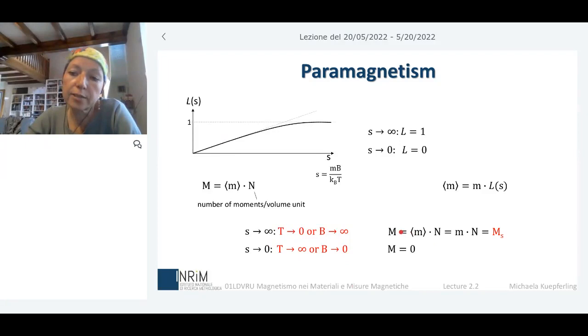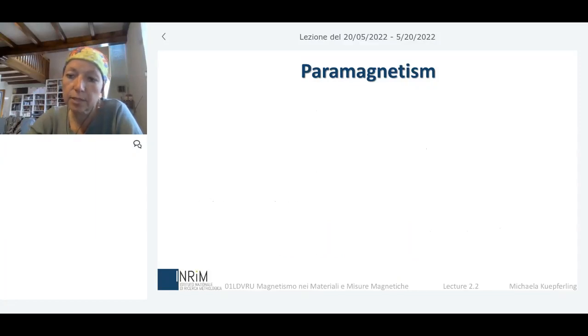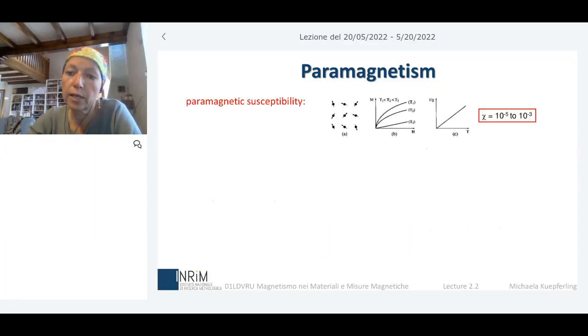And in this case, of course, our magnetization is zero. So if we do not apply a magnetic field, then we do not have a magnetization, and this is paramagnetism. So this is clear behavior of paramagnetism, and already I described this the last time.